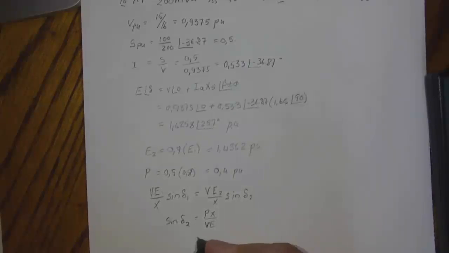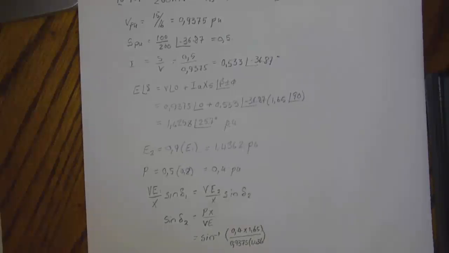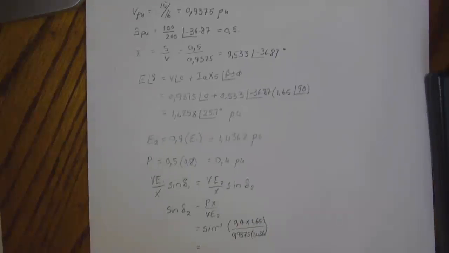And so that will be arc sine of 0.4 times 1.65 divided by V, which is 0.9375, and 1.4632. All right. That gives us 28.76 degrees.